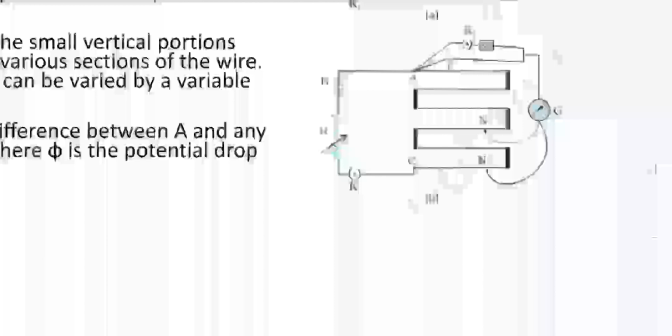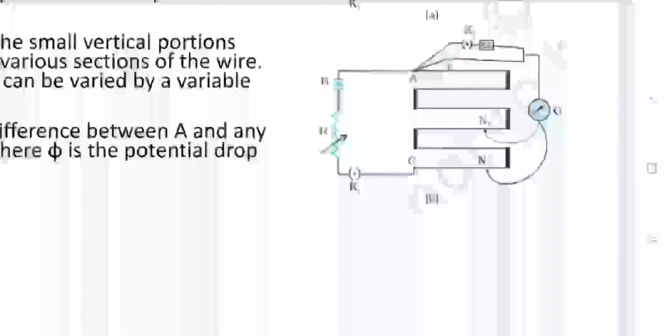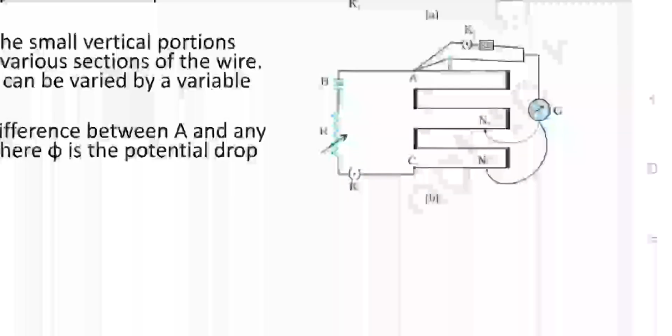What will happen? When K2 is open, from point A the cell is connected via the galvanometer and it ends at point N1, where the galvanometer current is going to be 0. So at that time, we apply the KVL loop rule and my epsilon becomes phi L1.